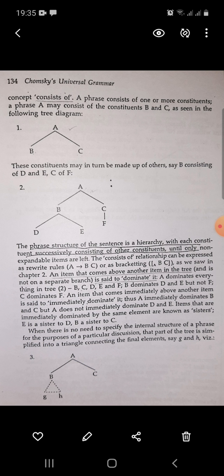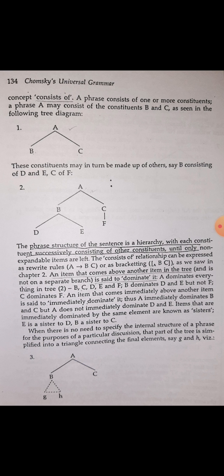But if we say D and E, they are sisters, being immediately dominated by B. But D, E, and F cannot be sisters, because F is coming from another branch.